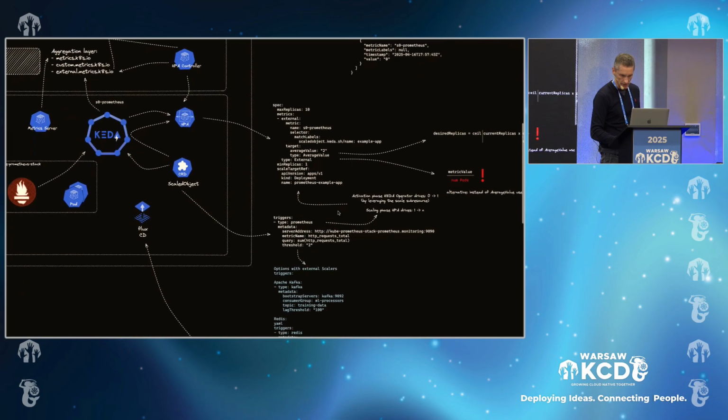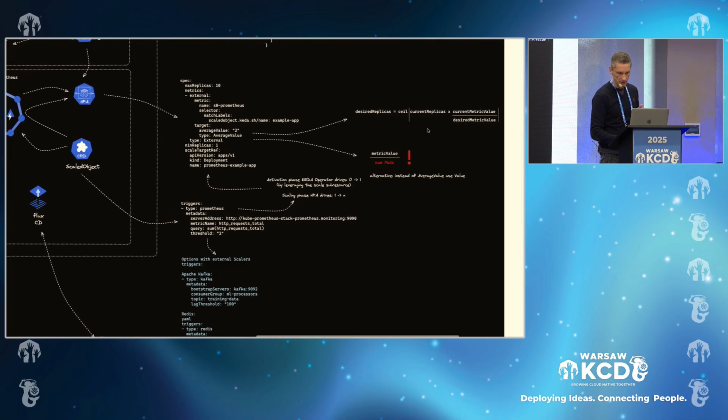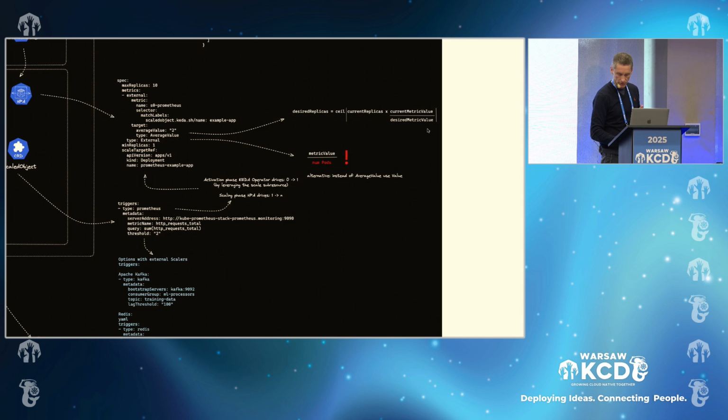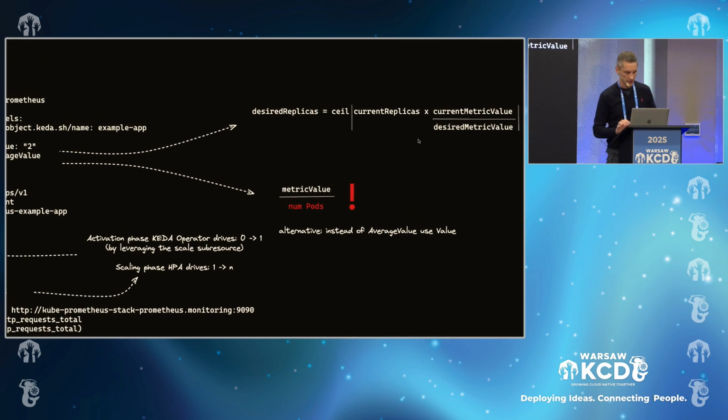Okay. So let me see if maybe, very quickly, I will show you, just as a recap of how actually this generally works with the scaling of the pods and specifically HPA. The algorithm that it uses is this one. So the desired number of pods is given by this formula.